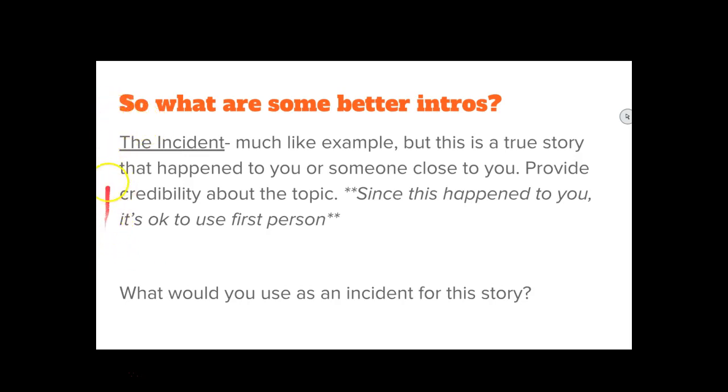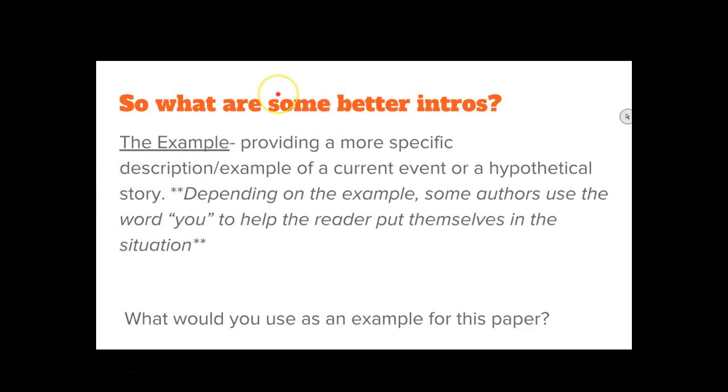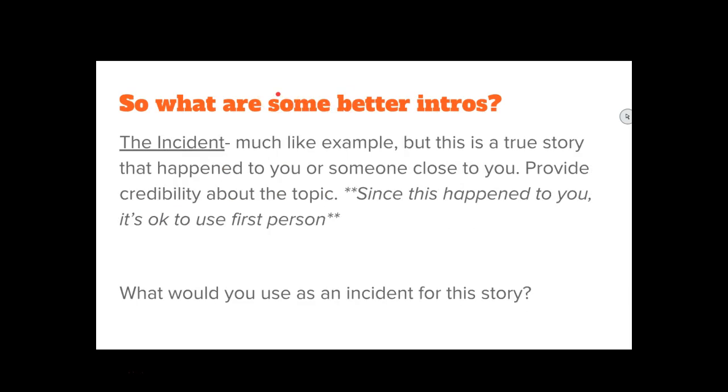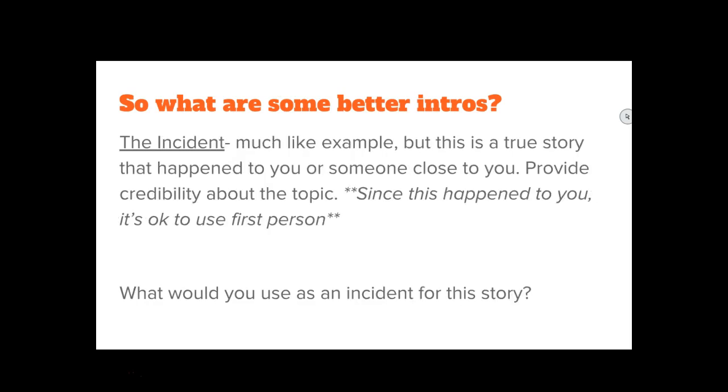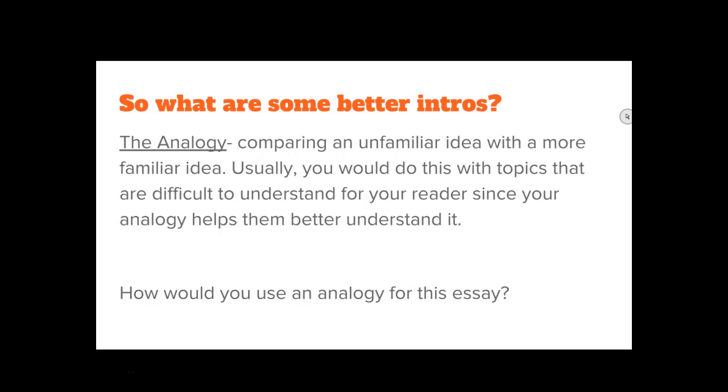Because she has diabetes, not to mention she was afflicted with polio, her behavior towards me was very comforting in that moment. So again, it not only builds credibility, but also develops a mood. The example is different than an incident because the incident is real. The example is something that's technically not real. And then finally, the analogy.